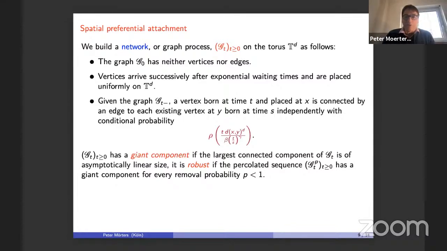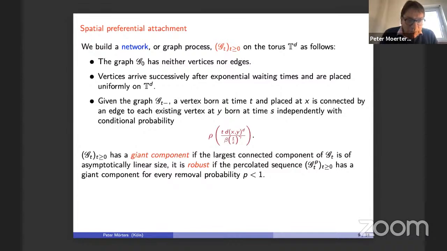Of course, if you have a removal probability 1, then you destroy all edges and nothing happens. But if you have a 99.9% removal probability, we call the graph robust if it still has an asymptotically linear largest connected component.